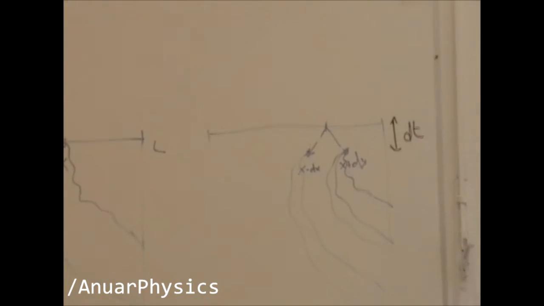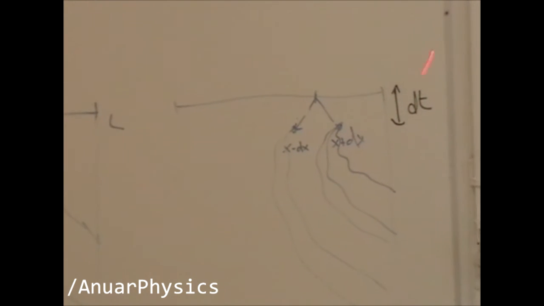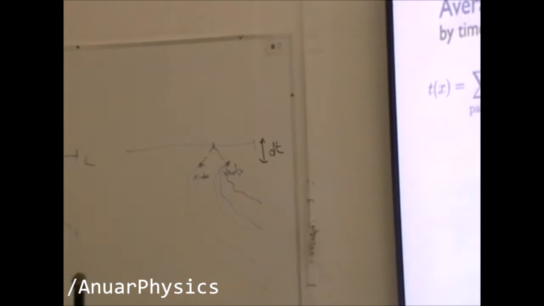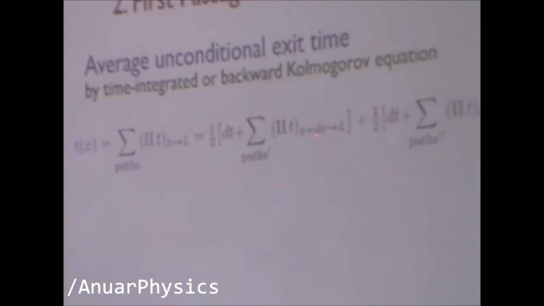The very first step, if we're assuming that this is a homogeneous process in time, takes a time dt. So you spend the time dt taking the first step. But then you have the same process restarted from x plus dx.